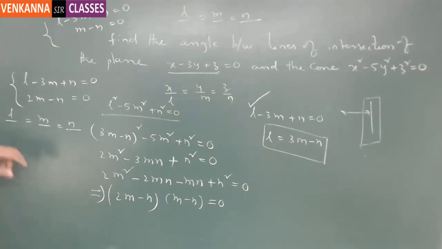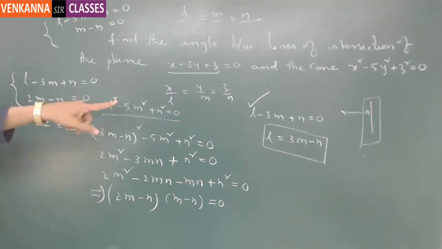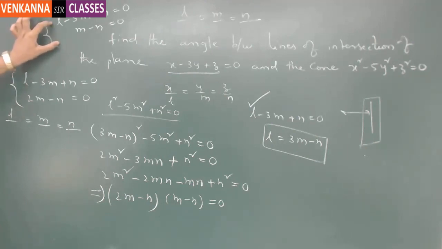These two together constitute the element values of one line. In this way we will get the two lines of intersection formed between the plane and the cone. Okay? Are you getting the idea?